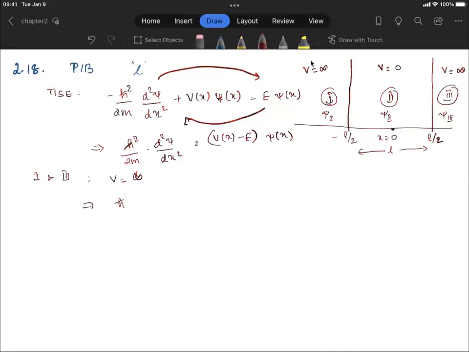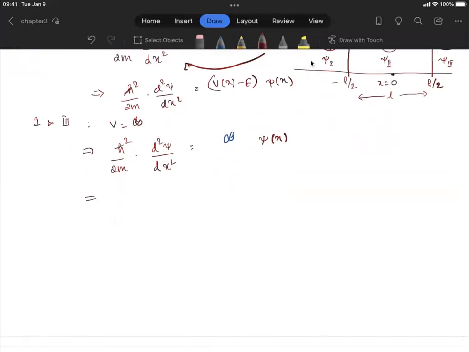That is going to give me h bar squared over 2m times d squared psi over dx squared to be this. Now, it doesn't matter how much you subtract from infinity, it's still going to remain infinite, so it's a huge value right there. I'm just going to write this as infinity.